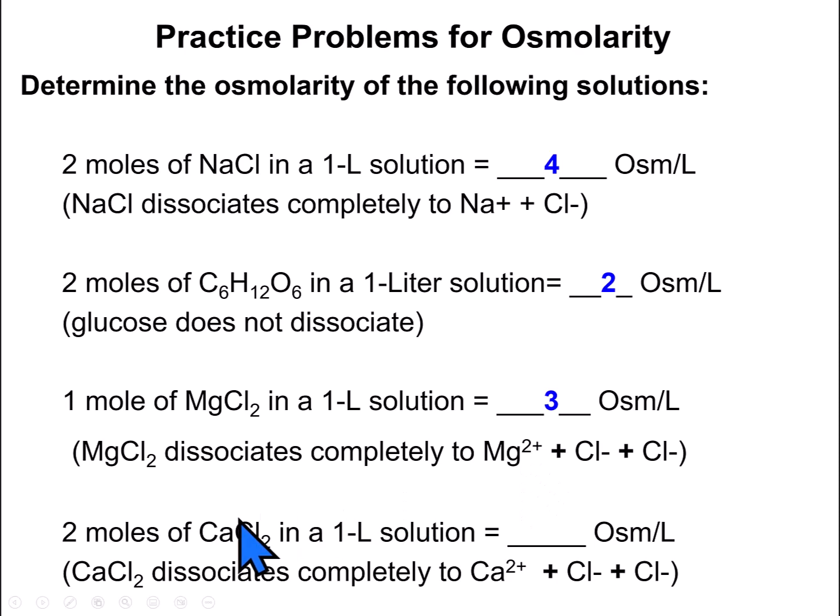What about this one? What if I have 2 moles of calcium chloride in a liter of solution? What would that one be? 6. Why? Because with calcium chloride you get 1 calcium and 2 chloride ions when they dissociate, and you multiply by 2 to get 6. Now for testing purposes, I'm either going to give you glucose or another salt.